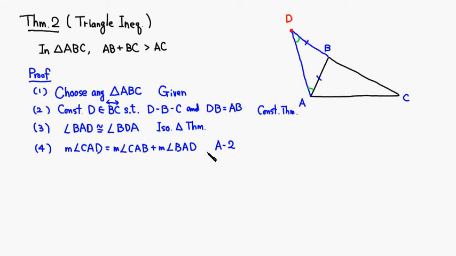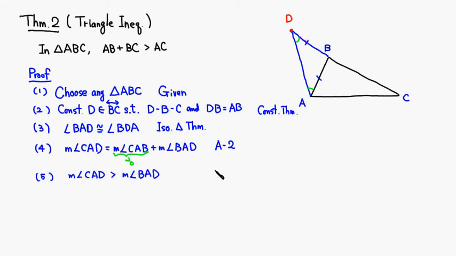Then you can see that CAB is going to be positive, since any measure of an angle is positive. So step 5, the measure of the angle CAD is strictly larger than the measure of the angle BAD.